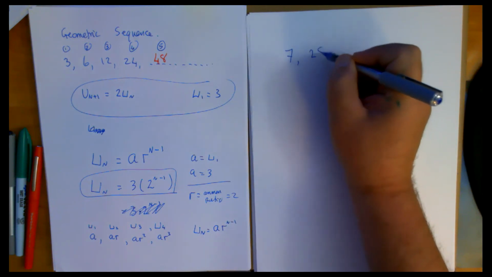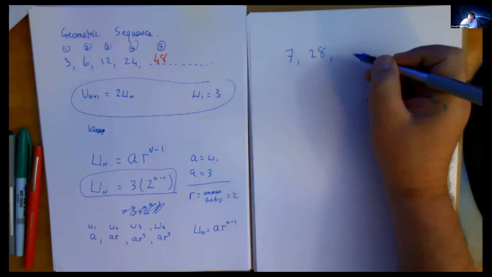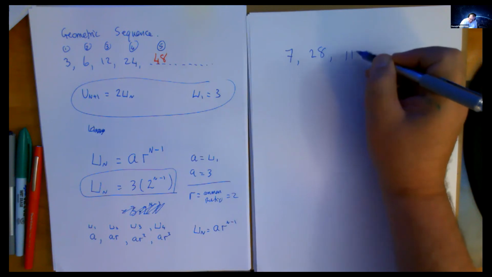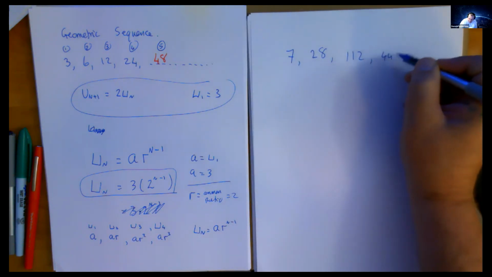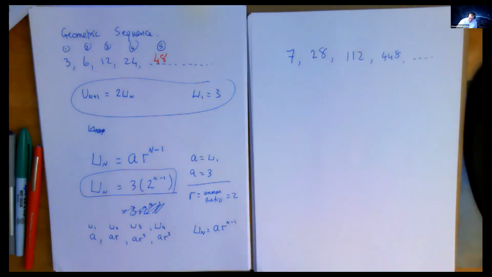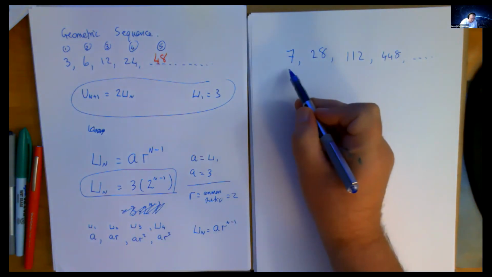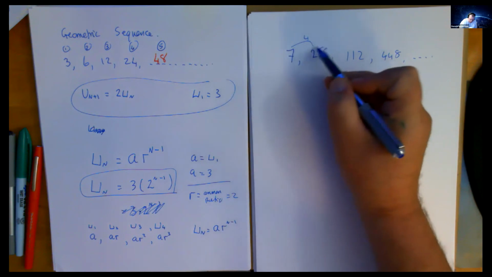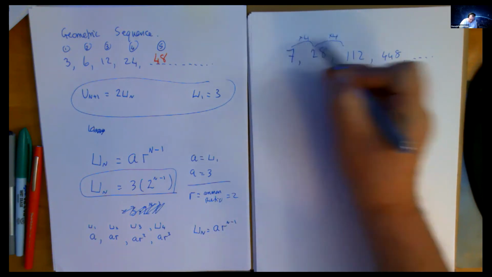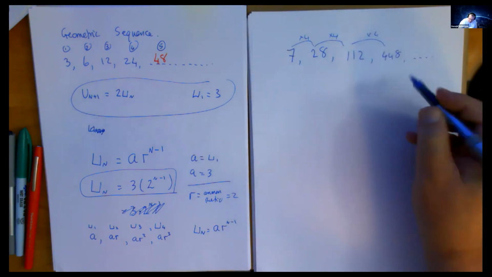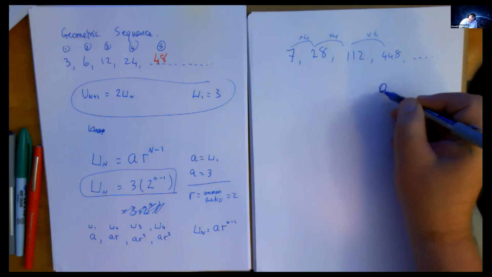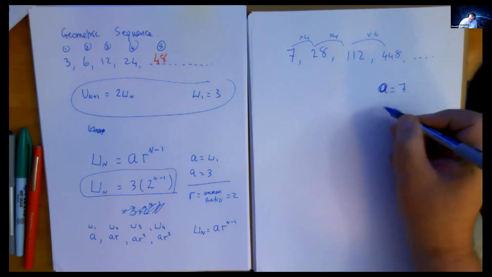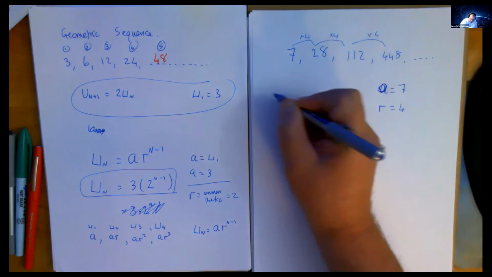Okay, so 7, 28, 112, 448, and forever, right? So this has the feature that a geometric series has, right? You start with a number, and then you just keep multiplying by 4, right? Which means that what they call A is 7, and what they call R is 4.